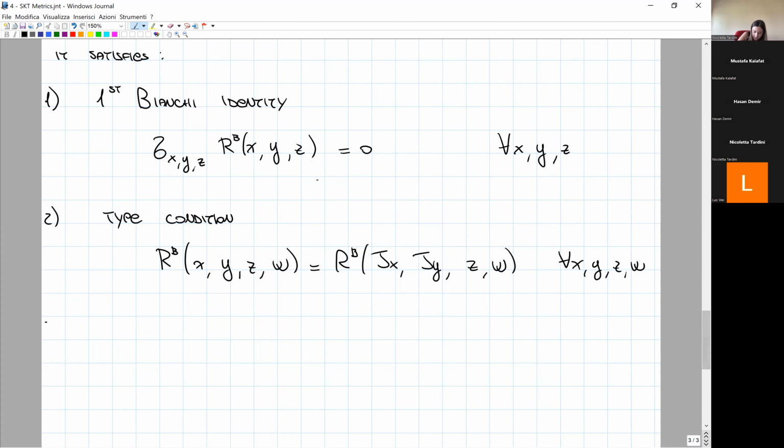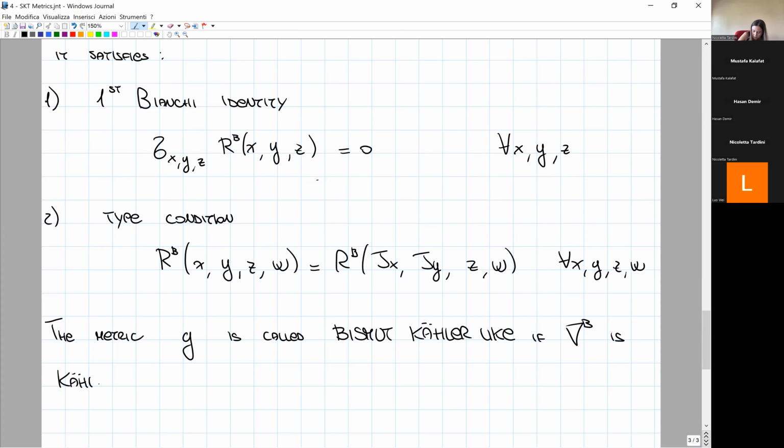And of course, the metric itself, say g, or omega if you want, is called Bismut Kähler-like if nabla B is Kähler-like. So if the connection that is unique is Kähler-like.